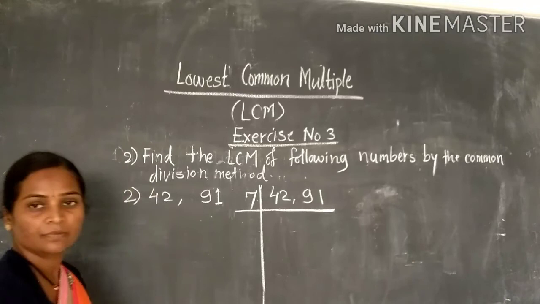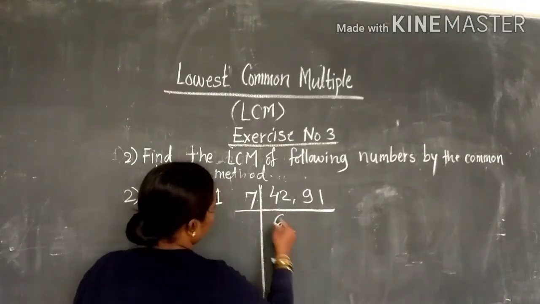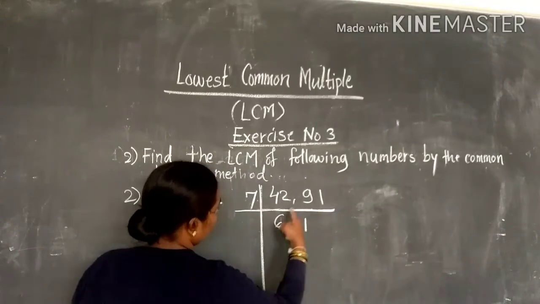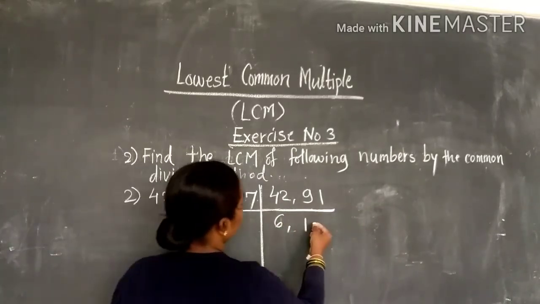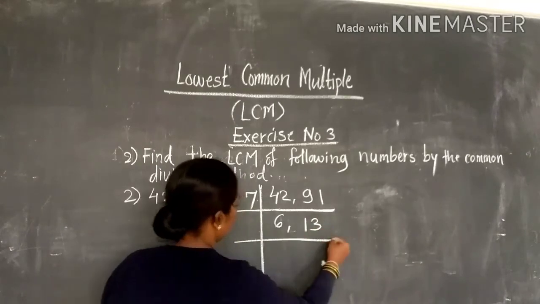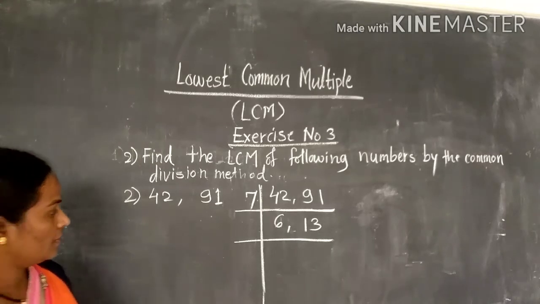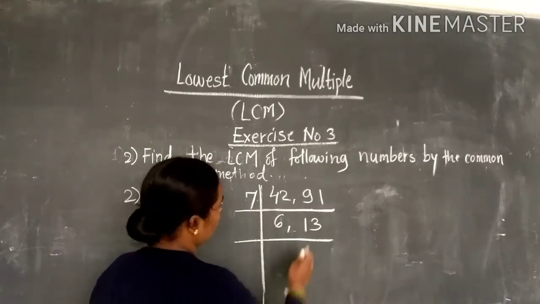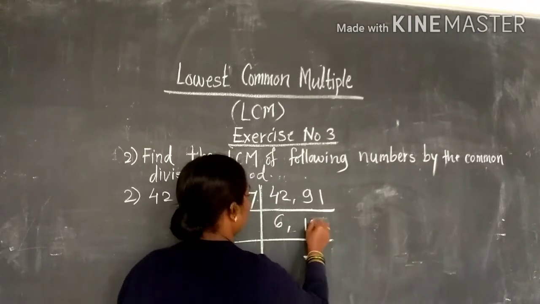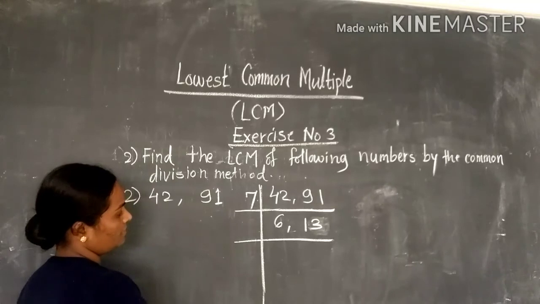Yes, 7 6s are 42, then 7 13s are 91. Now 6 and 13, can they be divided further? No.